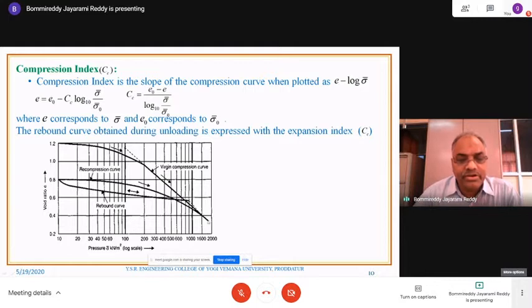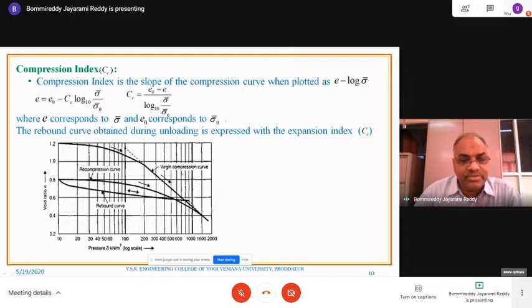And reaching a certain level, on removal of the load, it will follow the recompression curve or rebound curve. Again, if you reload it, it is going to take the shape like this and reaches the original. So the original curve which has the straight portion is called the virgin compression curve.